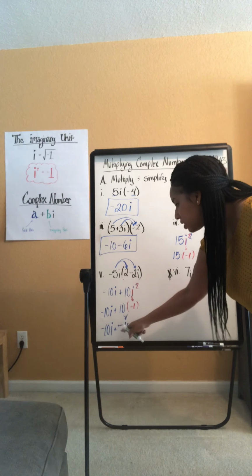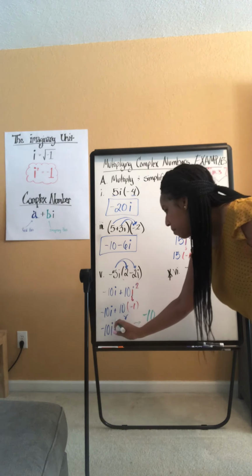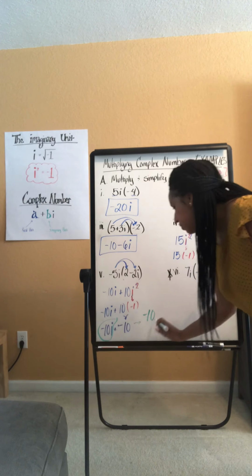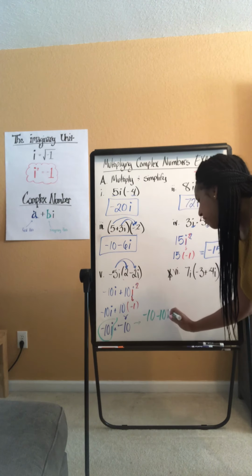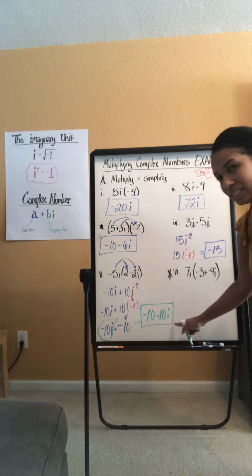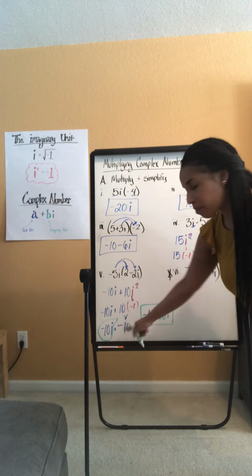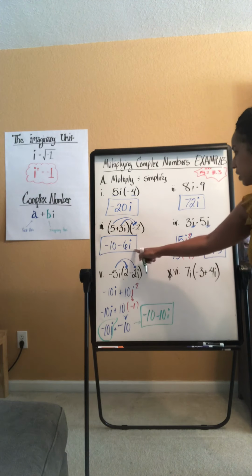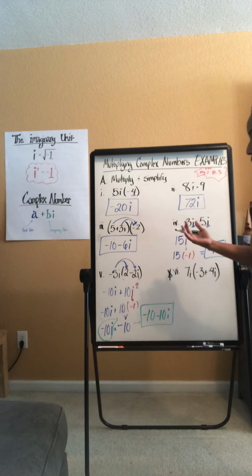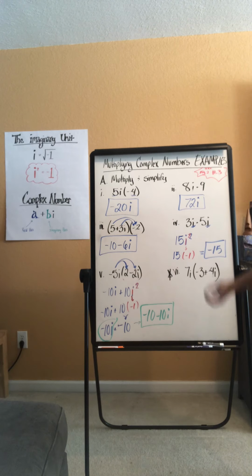My negative 10 is still negative 10, and my negative 10i is still negative 10i, but it needs to come after the real part. So negative 10 minus 10i is your answer. You cannot answer in the other form. Your i has to be second. If there are two parts, your i is the second part. All right? So that is example A. A6 is a star for you to try.